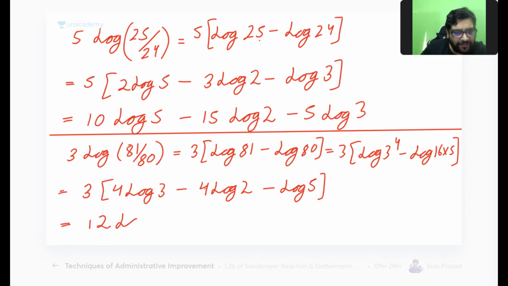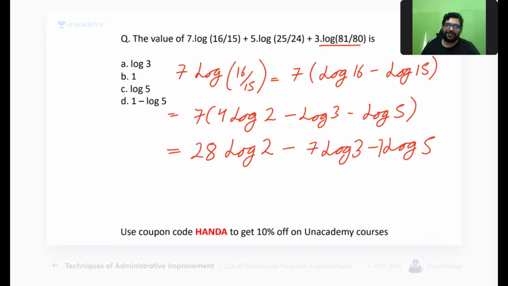So this comes out as 12 log 3 minus 12 log 2 minus 3 log 5. I got tired just calculating all these values, but hopefully I will get the answer now.